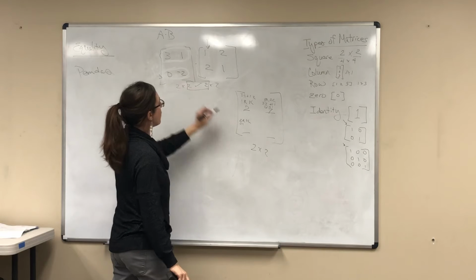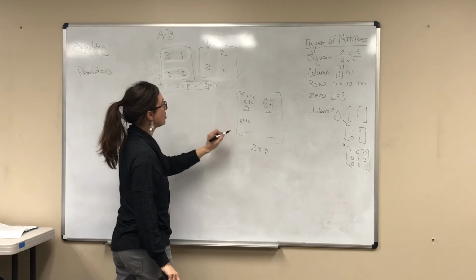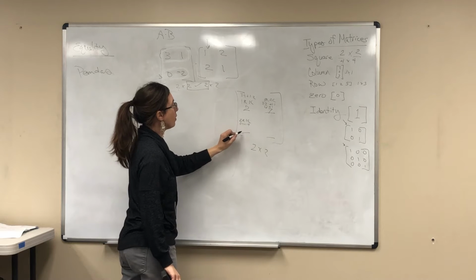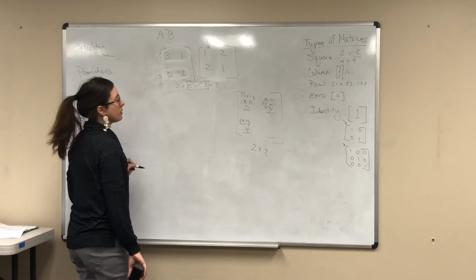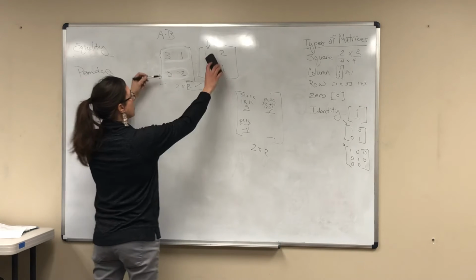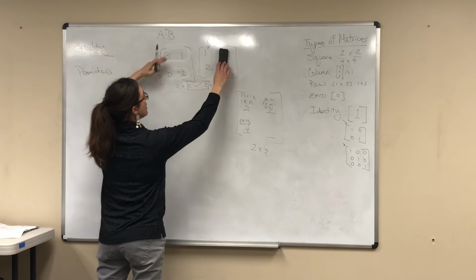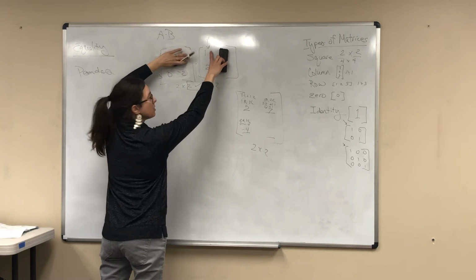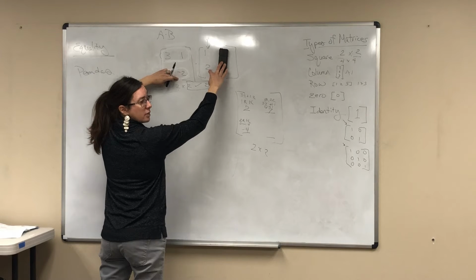Okay? I'm going to add it to negative 2 times 2. Negative 4. So my answer is negative 4. I'm only dealing with these numbers. First entries, second entries. Got it?